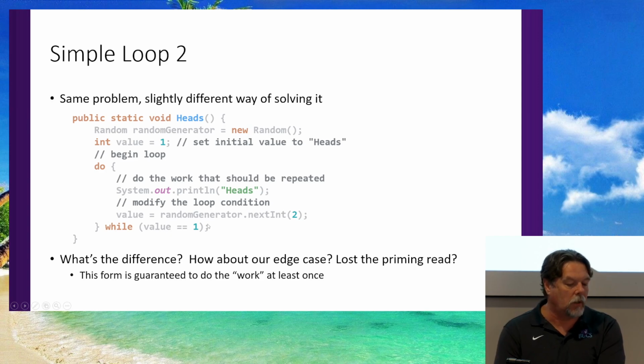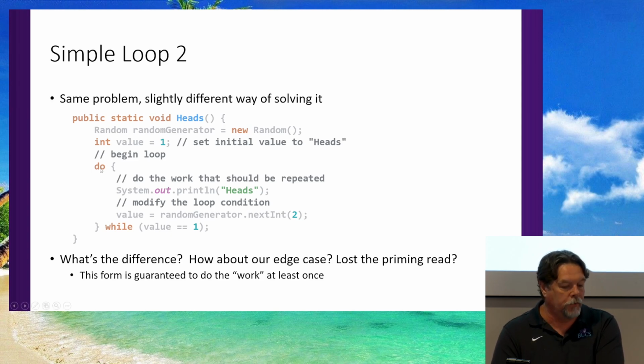I have a semicolon out here at the end. That's just a quirk of Java syntax for the compiler to parse your Java. Similar in C++, you have to do the same thing syntactically. If you're going to put the while after the curly brace, it needs the semicolon there to terminate the statement.